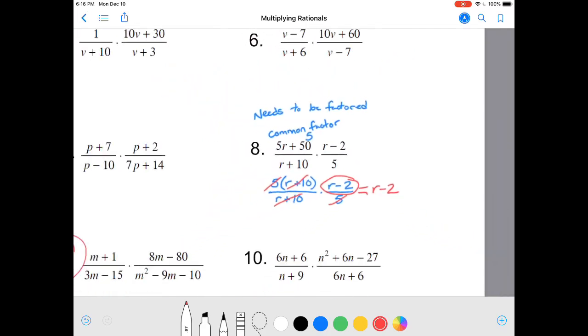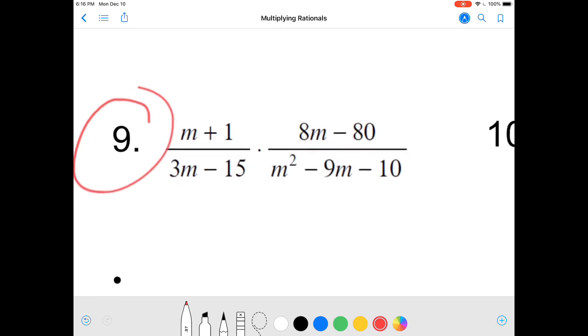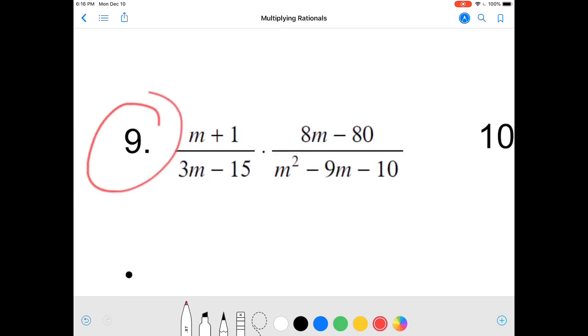Moving on to problem number 9, we have a lot to factor in this one, so this is going to take us a couple minutes.